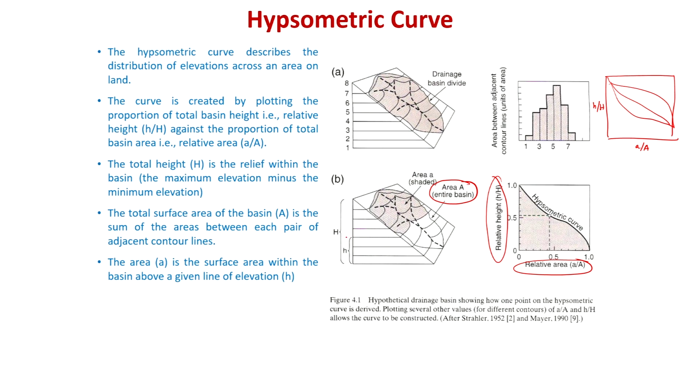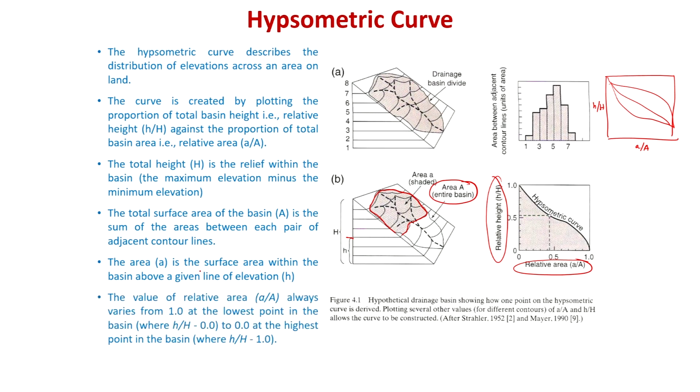So suppose you have a given height; above that you have the shaded basin area that we are talking about here. Which basin portion you want to study will depend on the case.